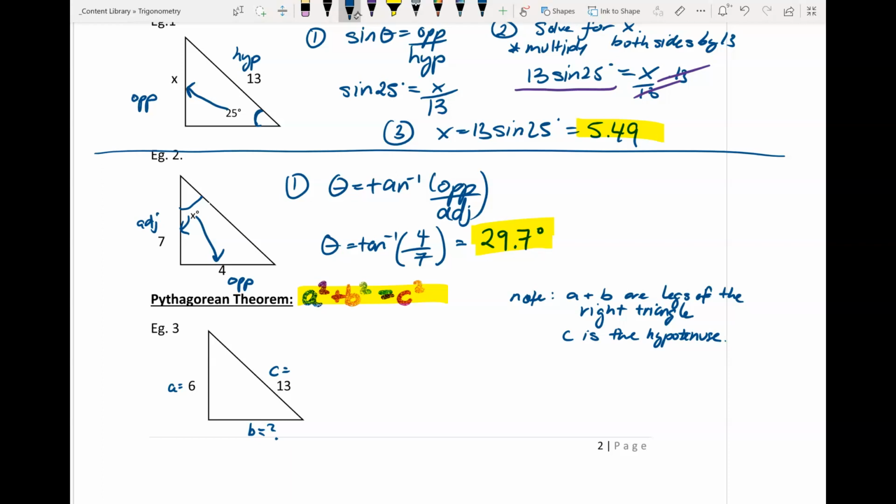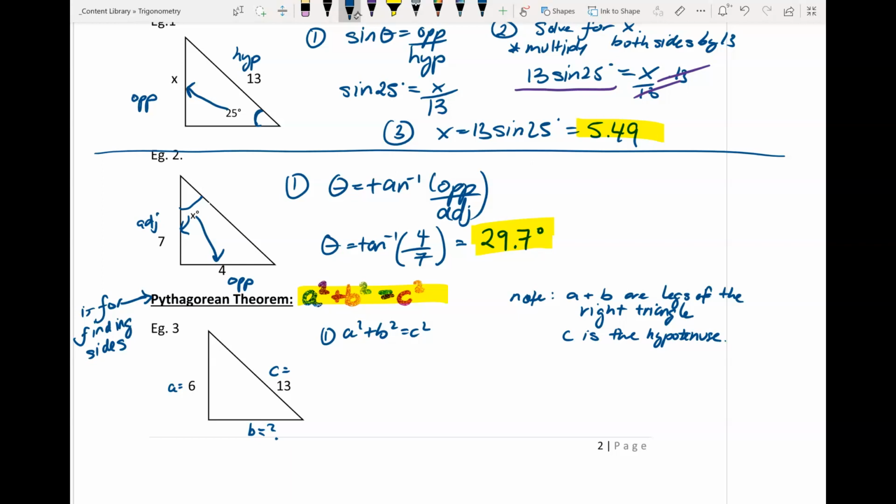So I'm going to fill in our information for this a squared plus b squared equals c squared. And just as a side note, in case you forgot, the Pythagorean theorem is for finding sides and only sides. It can't help you find any angles, so only sides of a right triangle.